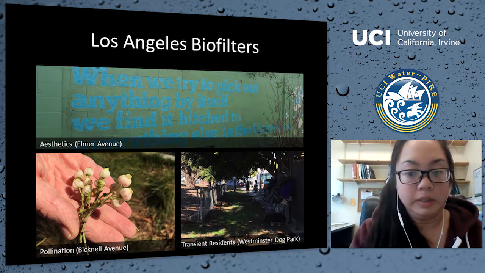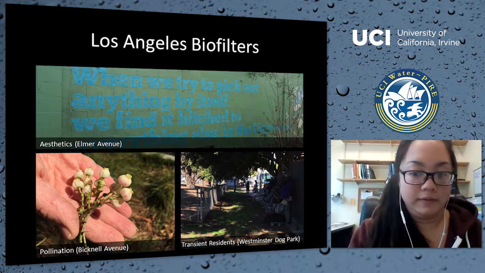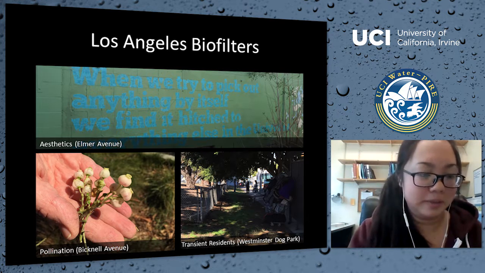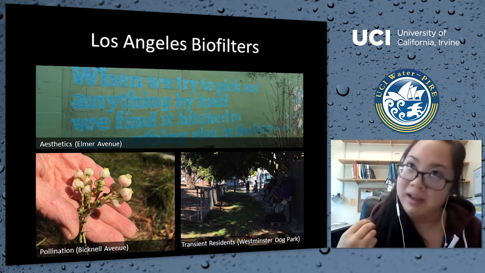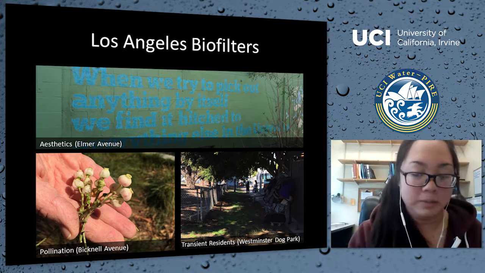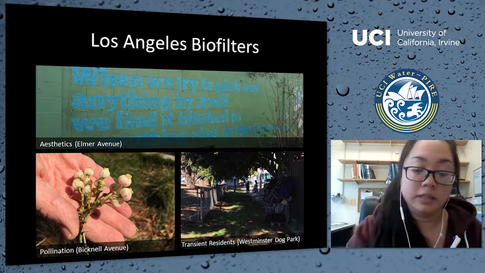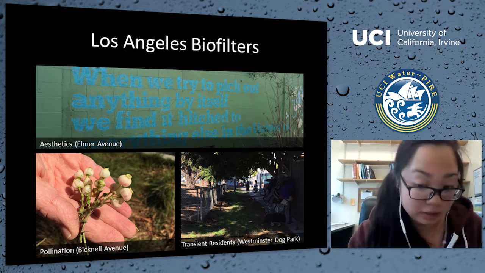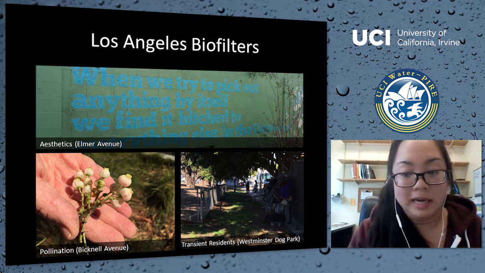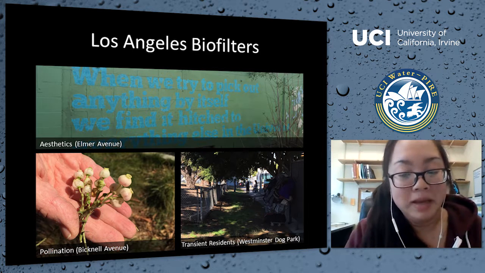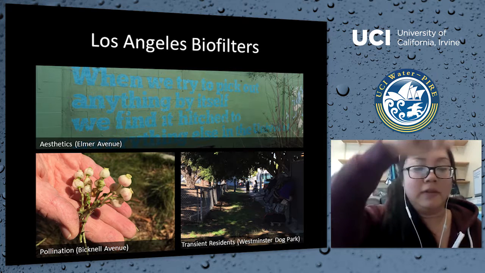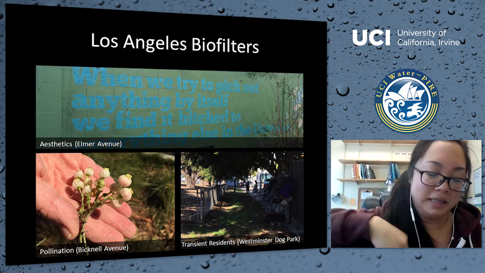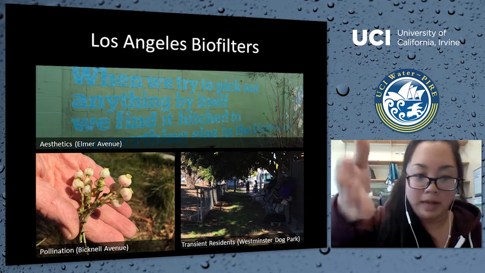Another example was at Bicknell Avenue, which is another green street. There were flowering trees in the biofilters, which had lots and lots of bees, so this location might be important to the local population of bees. And something really interesting that we came across was at the Westminster Dog Park, which lies all along a hill, and there were transient residents lined up at the bottom of that hill.